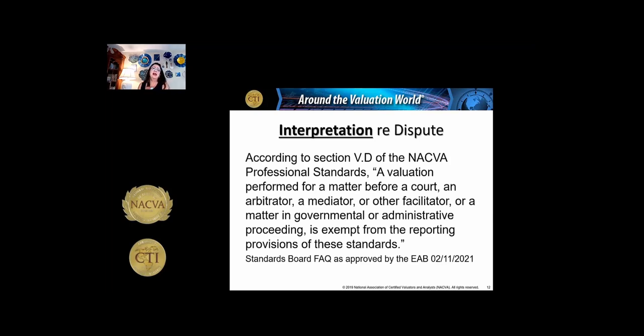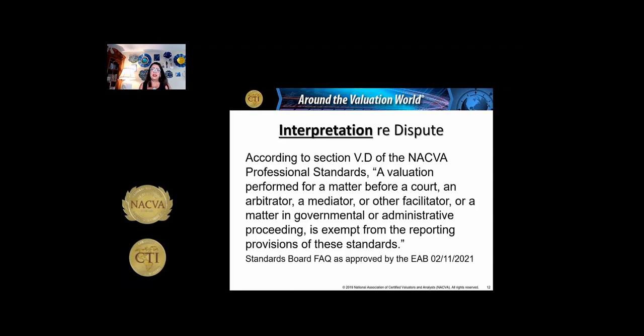According to the VD of the NACVA professional standards, evaluation performed for a matter before a court, an arbitrator, a mediator, or other facilitator, or a matter in governmental or administrative proceeding is exempt from the reporting provisions of these standards.